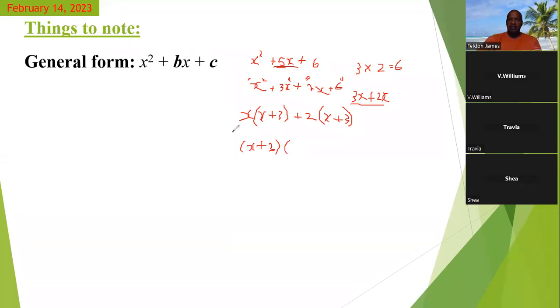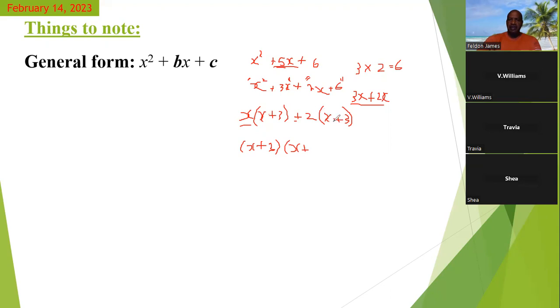And then we divide each of these terms by x plus 3. So x times x plus 3 divided by x plus 3. You see that the expression in the bracket would cancel out, leaving this x outside here. So we would just put that x in this bracket. All right, so we now keep this plus sign in the middle here. And then we divide this term over here by the bracketed expression, which is x plus 3.